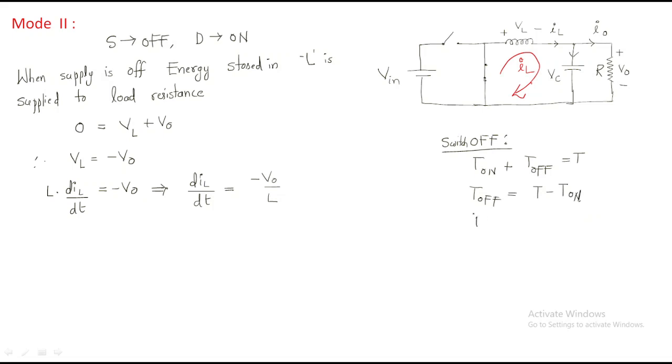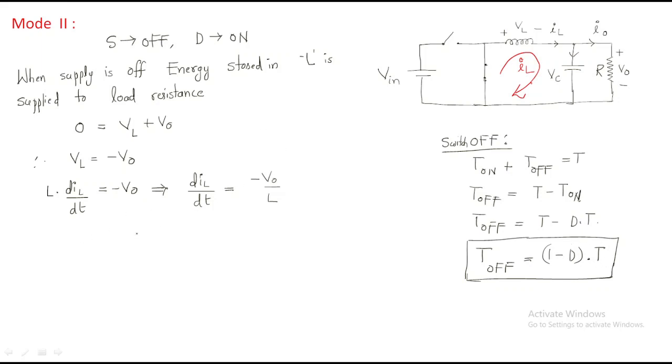On period is D into the total time period, so T off equals (1 minus D) into T. The off period equals 1 minus duty ratio into the total time period.